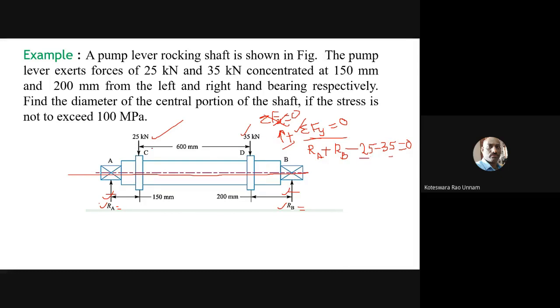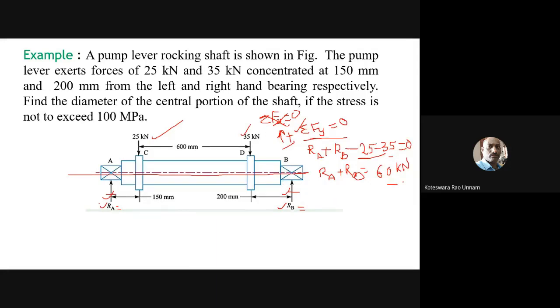Because these two are acting in the downward direction. Downward is considered negative, upward positive. Now if I simplify this, I bring these two to the other side and get RA plus RB equal to 60 kilonewtons. 25 plus 35 is 60 kilonewtons.